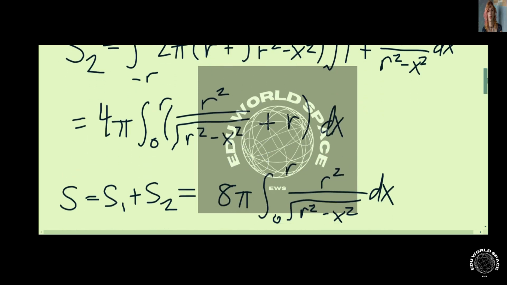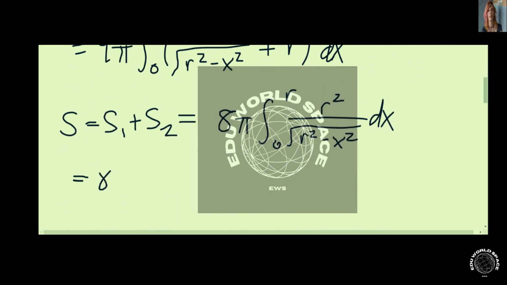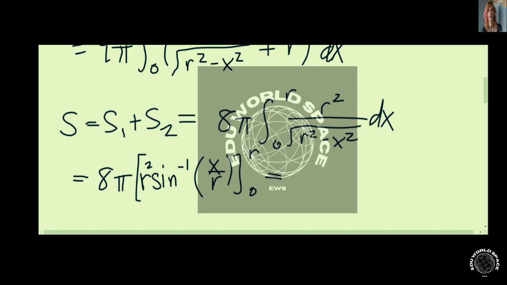And this can be simplified by taking the antiderivative, so we get 8 pi times the inverse sine of x over r evaluated at 0 and r. And in fact, this is the inverse sine of x over r times r squared out in front.